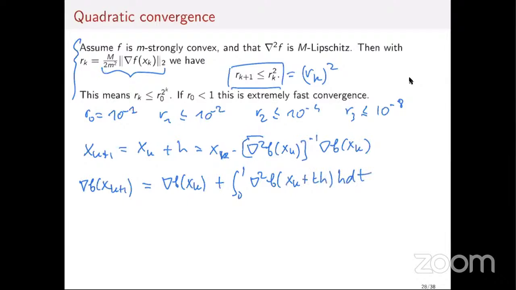I already used such a formula, and this is just the fundamental theorem of calculus applied to the gradient function. Now note that by definition of h, the gradient of f at xk is nothing but minus the Hessian of f at xk times h.